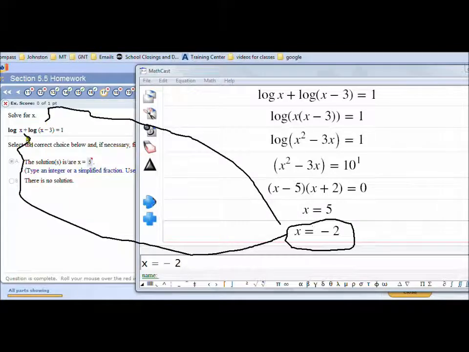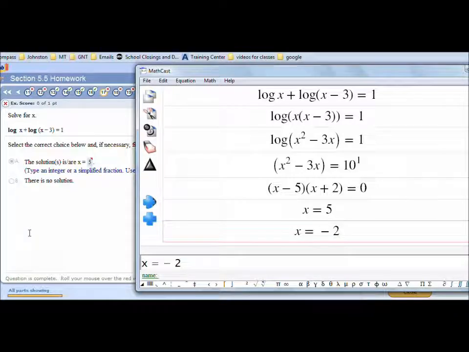Logarithms cannot be negative. And if you were to put the logarithm of a -5 in your calculator, it would blow up. That's not quite true. You would get an error. So what you need to do is rule out that -2.